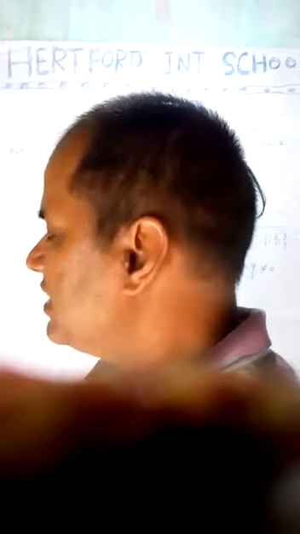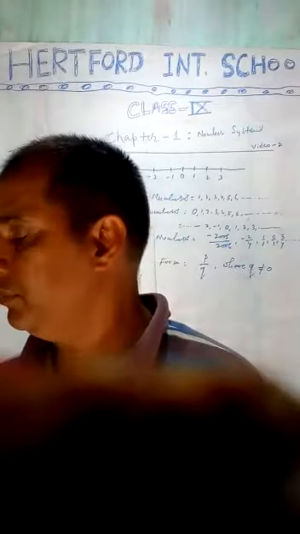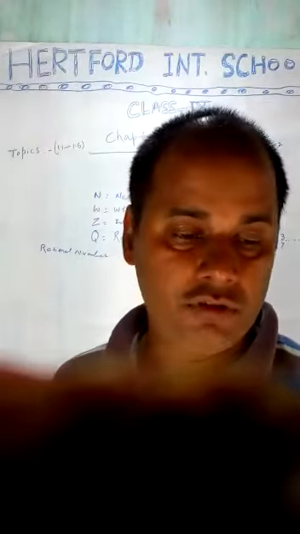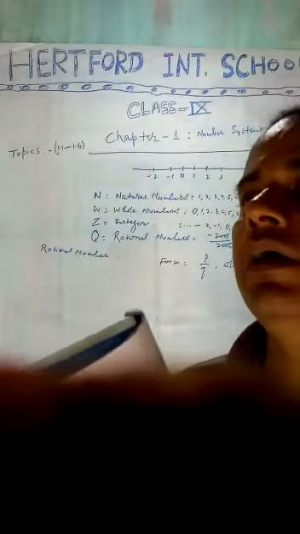Why do we insist that q is not equal to 0? Because when q is equal to 0, the value of this rational number will be infinite.